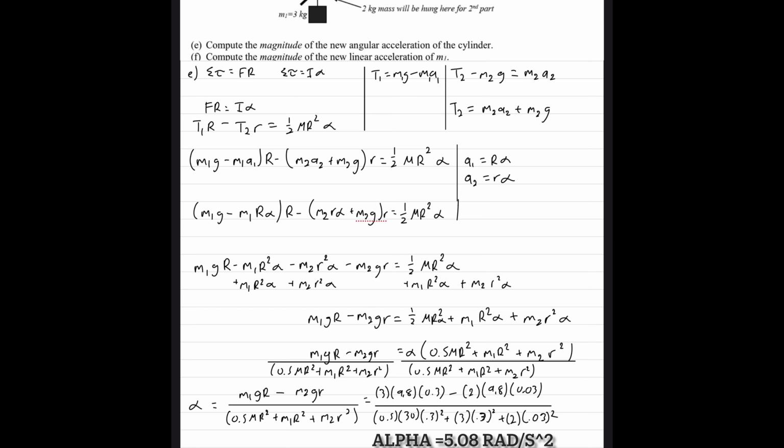And that should give you 5.08 rad per second. Okay, so earlier we found that the angular acceleration is 5.08 rad per second squared.